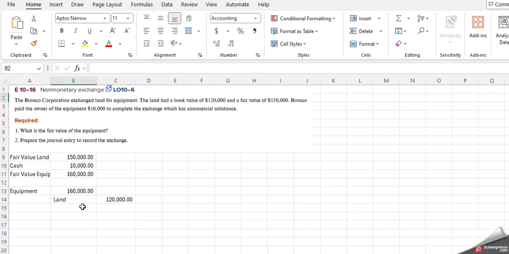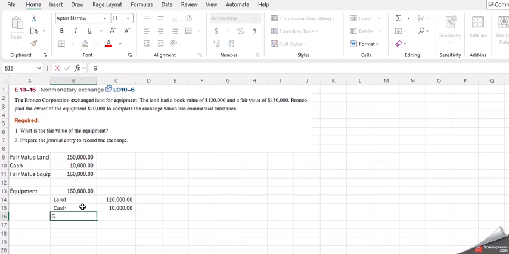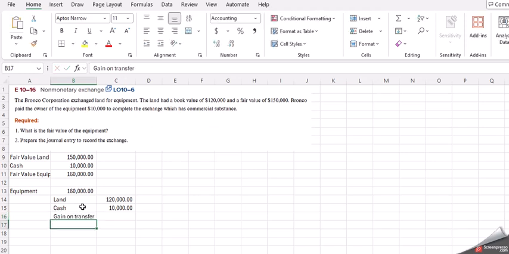We're going to credit our cash that we gave up at 10,000, and then we're going to credit a gain on the exchange. Just pay attention when you're doing the homework what your choices are for how they title that gain.